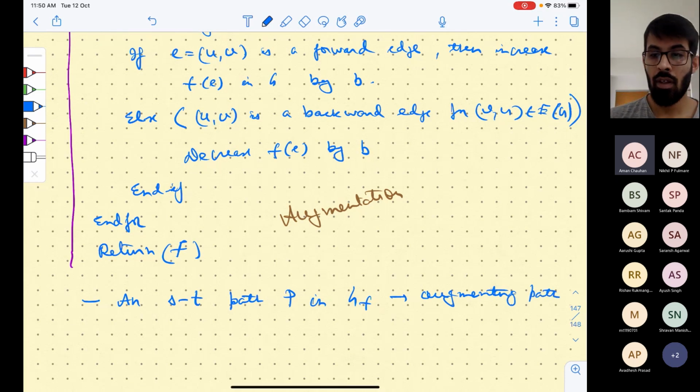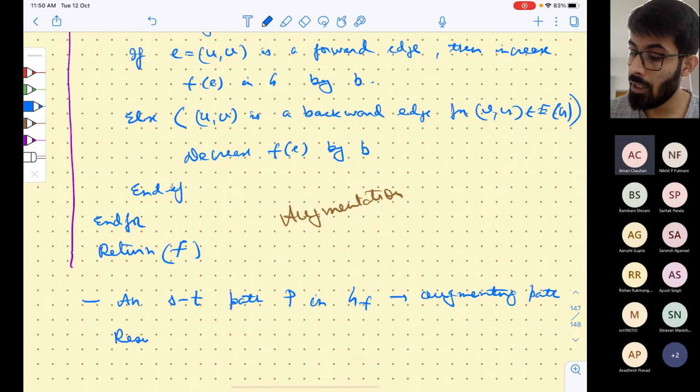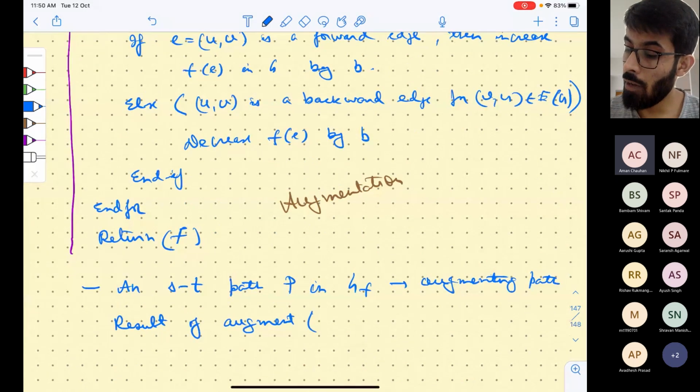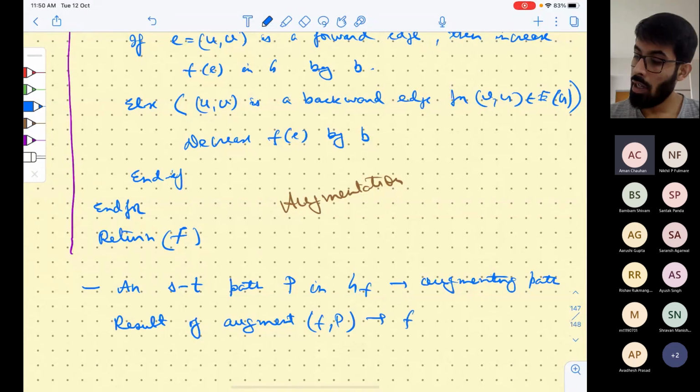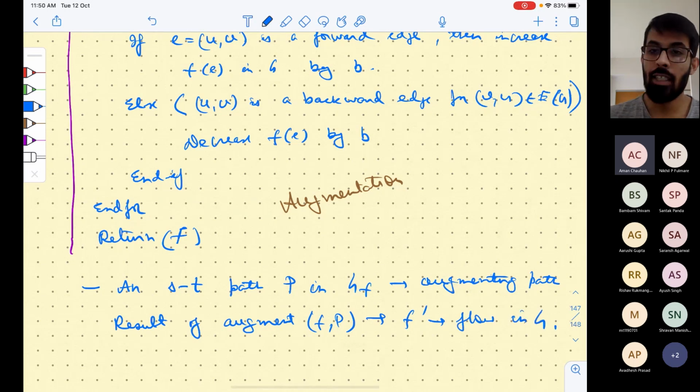The result of augment F comma P is another flow, some F prime, which is a flow in G. We have not yet shown that this is a flow in G; we'll do that in the next lecture.